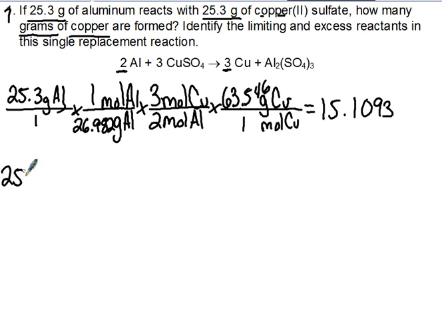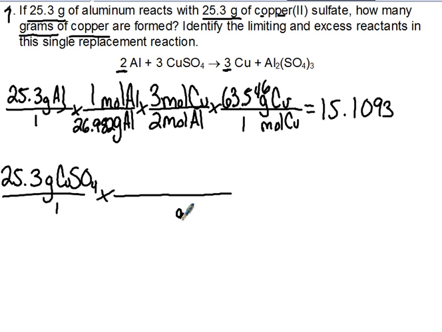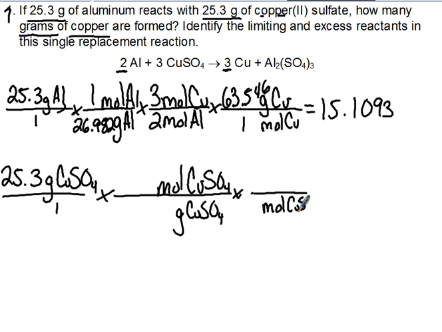The next one is also 25.3, but this time we're going to do copper 2 sulfate. So 25.3 grams of CuSO4. I need grams of CuSO4 down here. The only thing we can convert grams to is moles. Then I immediately write moles of copper 2 sulfate down here.